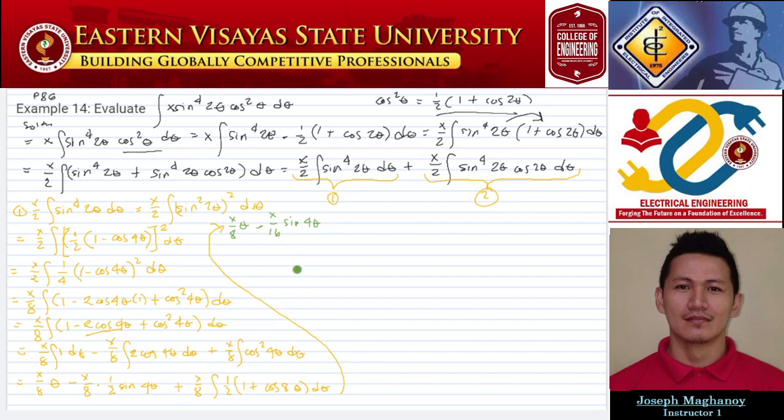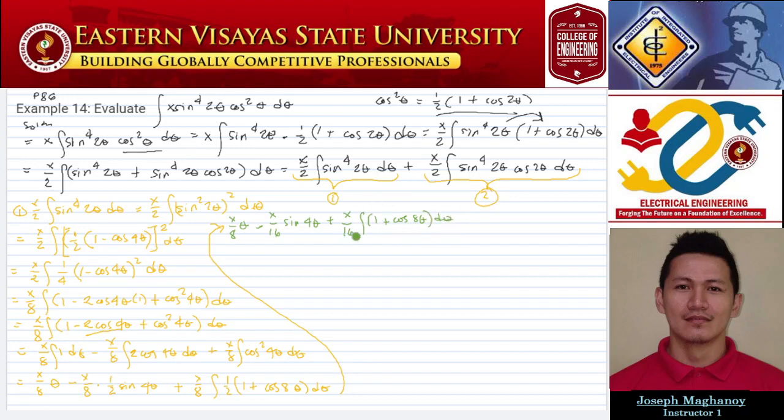The sign is still the same, that is plus, so x over 8 times 1/2, that is x over 16, then integral of quantity 1 plus cosine 8 theta d theta.